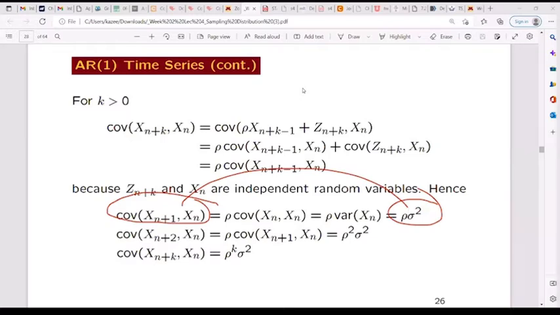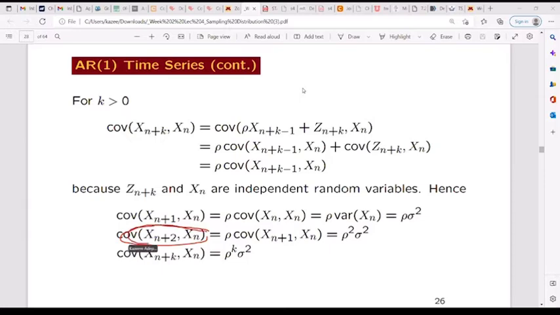Well, what if you let k be equal to 2? What is going to happen? When k equal to 2, you're going to have this. And the moment you have that, take a look at this. When you put that, it's going to lead to this, right? k equal to 2, put 2 here, that would be n plus 2 minus 1, that would be n plus 1, right?